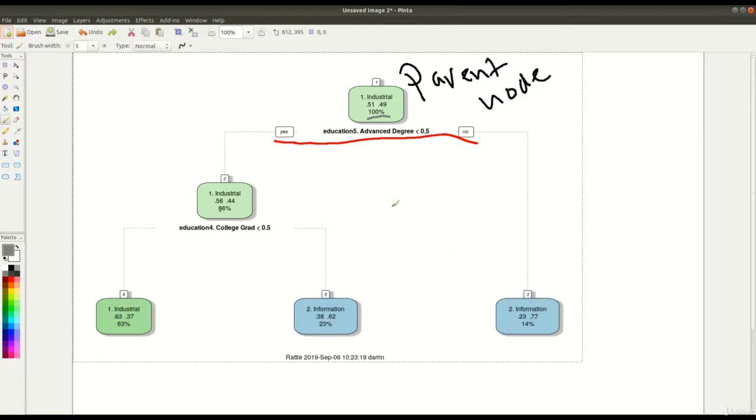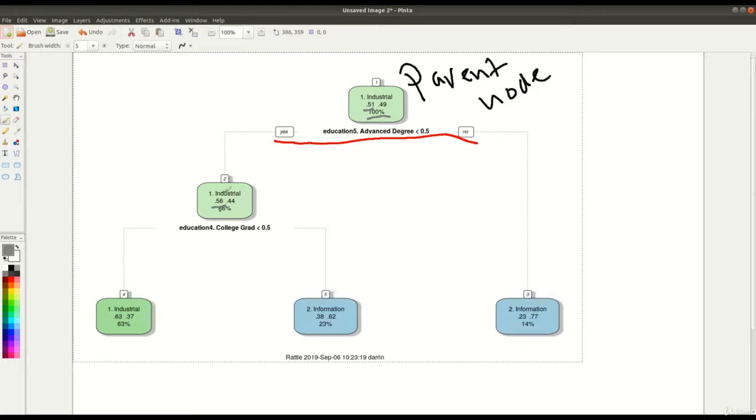Now, there's something else I need to explain. You can see that even after we make the division by advanced degree, our data is not pure. In other words, this is not 100% industrial, it's still 56-44. However, if you look closely, now you really got to pay attention here, you can see that there's a greater separation. So originally it was 51-49, but here we made an improvement, it's 56-44.